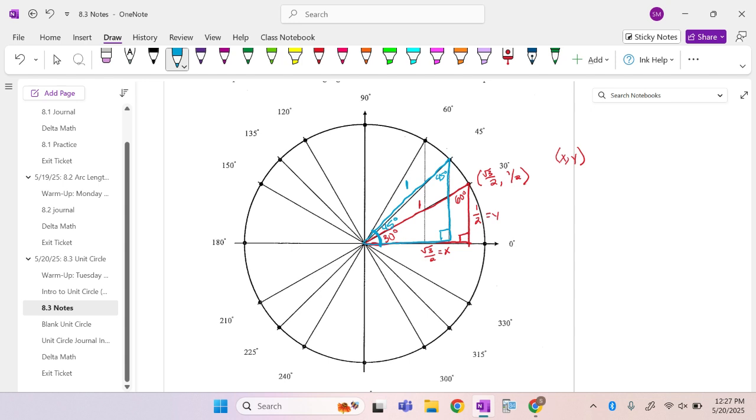Thus, we're using what type of special right triangle here in the blue? It's a 45, 45, 90. So we're using which one? The first one that we did or the second one that we did? The first one. Thus, without even having to think about it, what are these two side lengths? We already found them. Yep, square root of 2/2 for both.